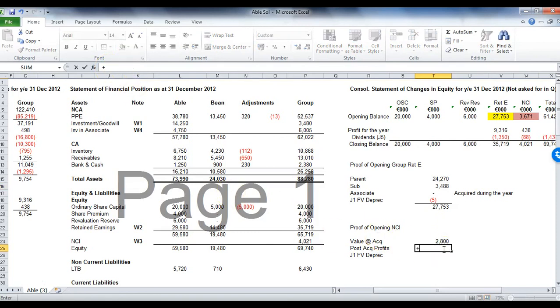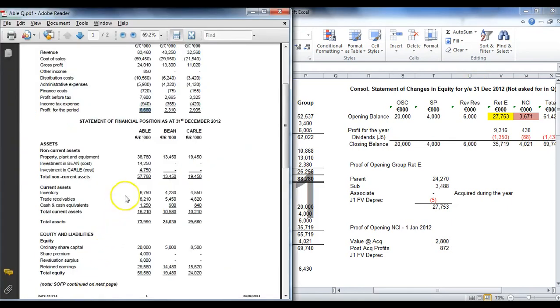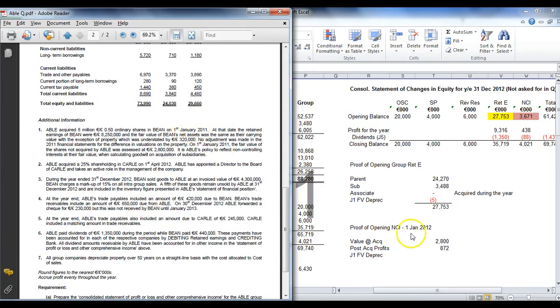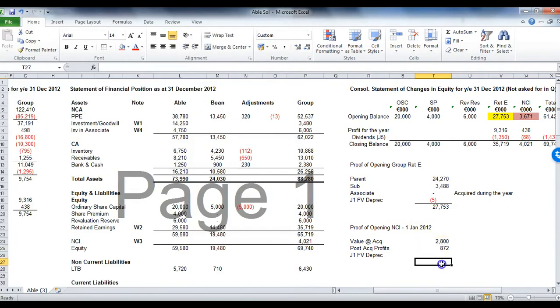So the 4,360 was the profit for 2011, the prior year, and the NCI would have been entitled to 20%. Remember, we're trying to get the opening NCI on the 1st of Jan 2012. So that means we're interested in what they earned before 2012, which is the profits for 2011. Because again, you bought it on the 1st of January 2011. So 872, but again, if we add them up, we're at 3,672, which is slightly too high.